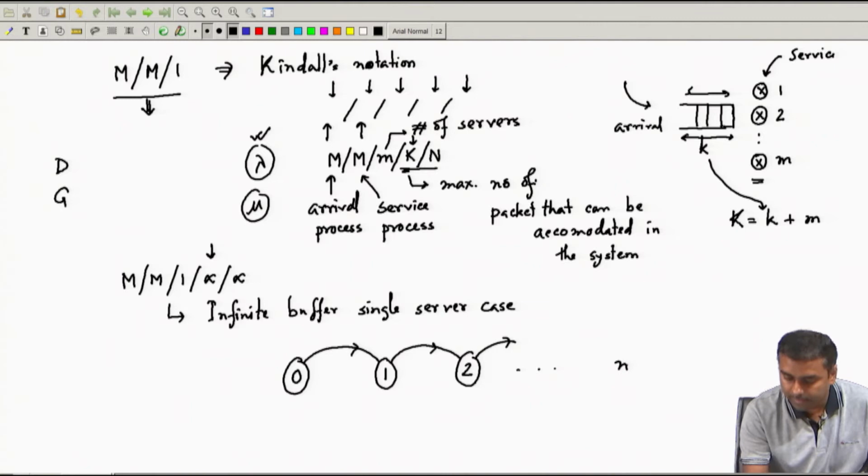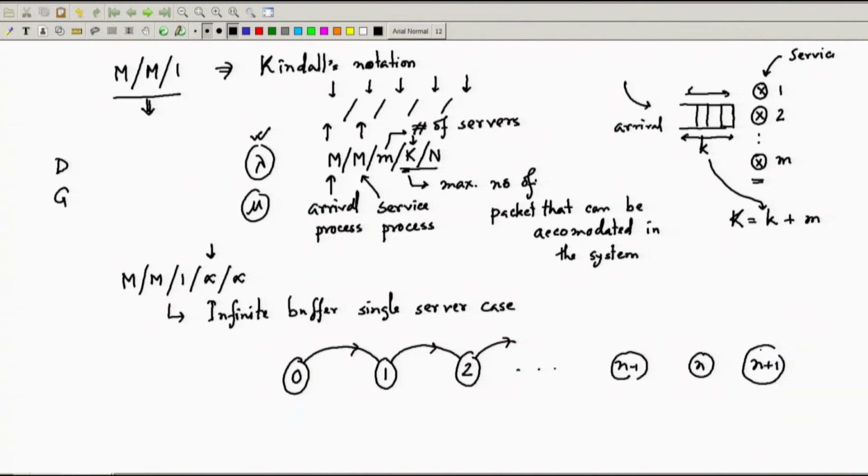If you have some states n minus 1, n, n plus 1, from every state it can grow to the next state, and from every state it can come back to the immediate previous state.